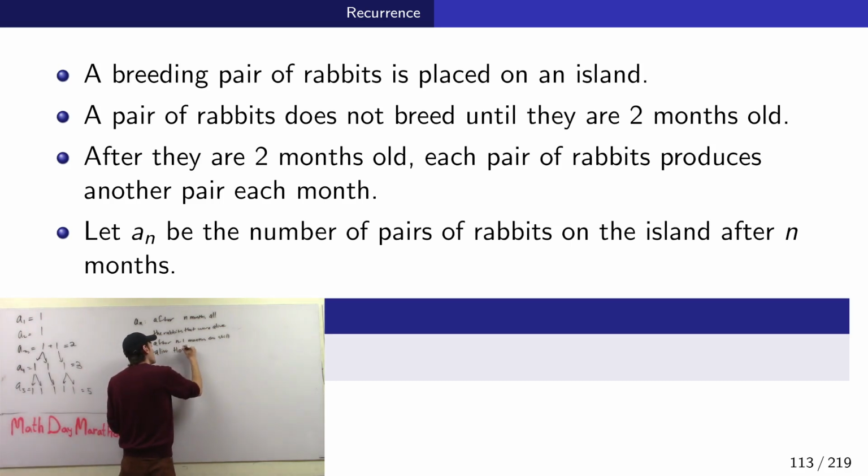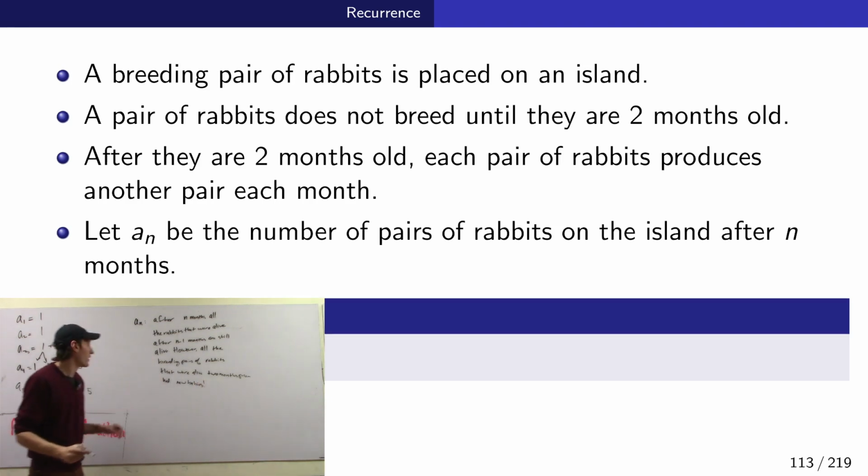However, all the breeding pairs of rabbits that were alive 2 months prior had new babies. Okay, so what does this mean?